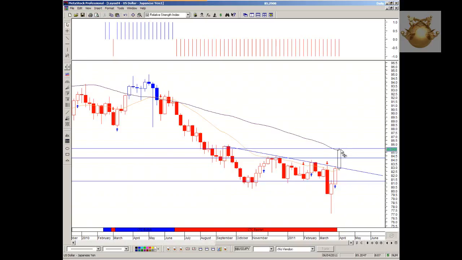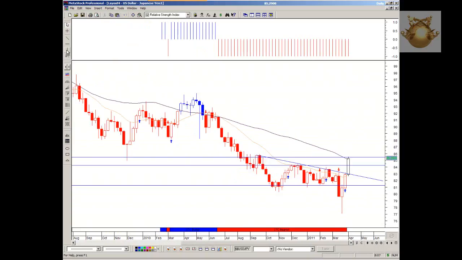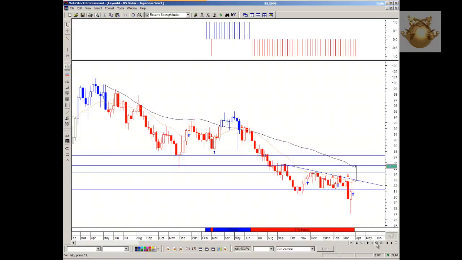As long as this pair can stay this bullish and stay higher than this or close higher than that, then we're definitely looking for further upside movement. And our first target would be at least the 87.00 mark, or just above the 87.00 mark for this pair on a long term. CTC, however, on a bigger time frame is still negative.